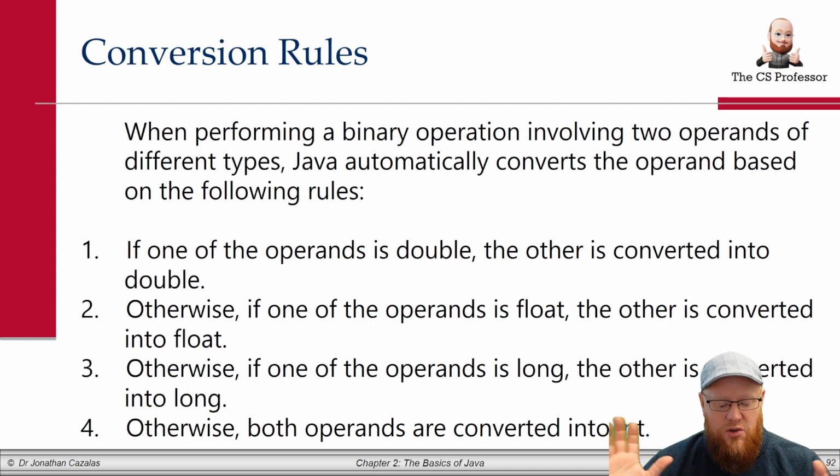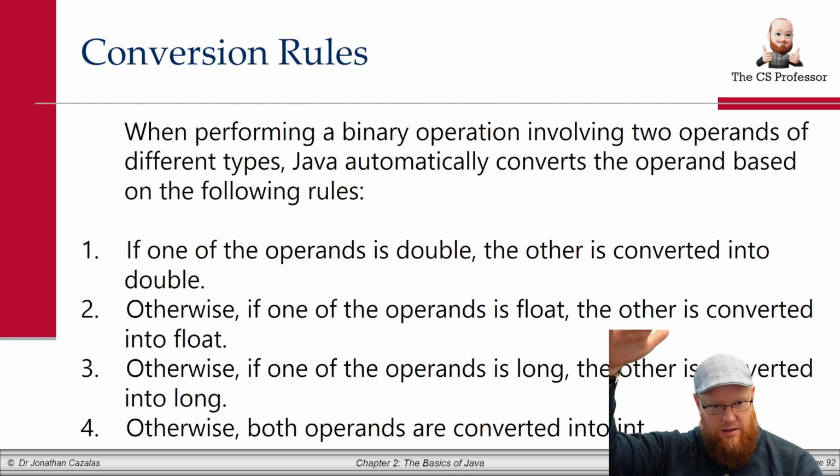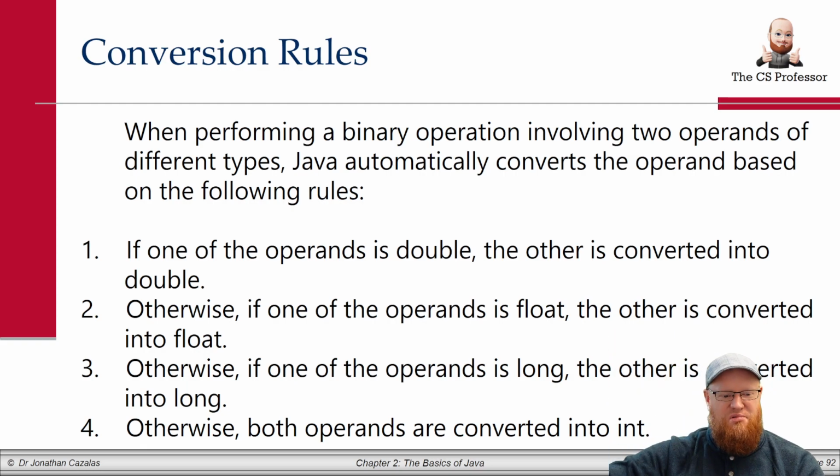If one of those two operands is a double, Java will make the entire thing a double, and the other operand gets converted to a double. Else if, it's like a branching operation, one of the operands is a float, Java makes the other one a float. Else if one of them is a long, Java will make the other one a long. Else both of them will be treated as integers.